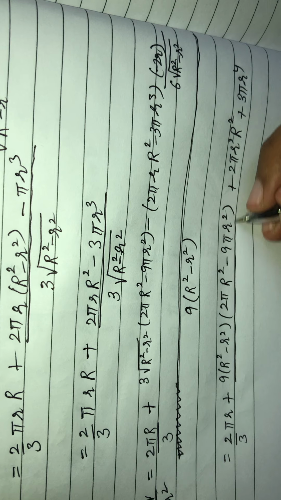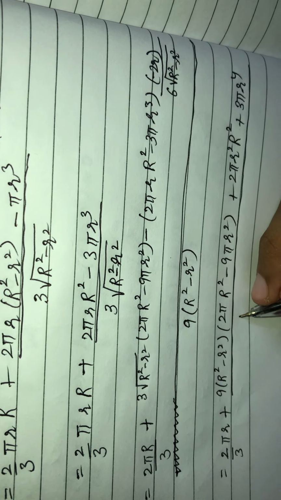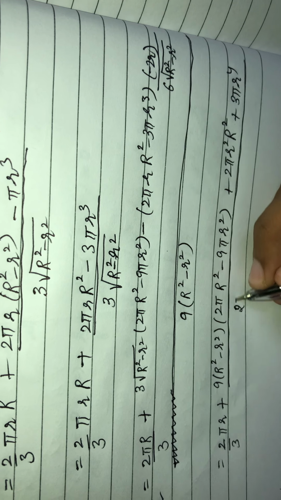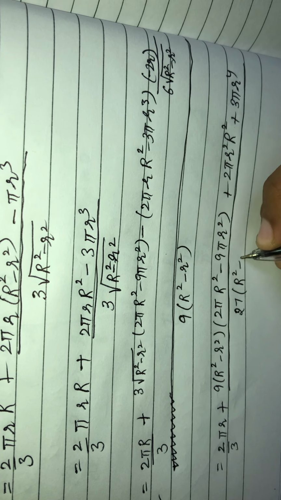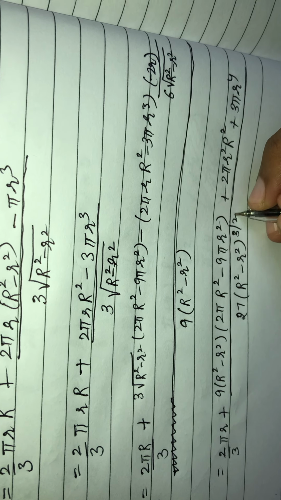So upon this into this will give you 27 R square minus r square to the power 1 plus 1 by 2, which will give you 3 by 2. Now calculate dV by dr. I have already calculated the double derivative.